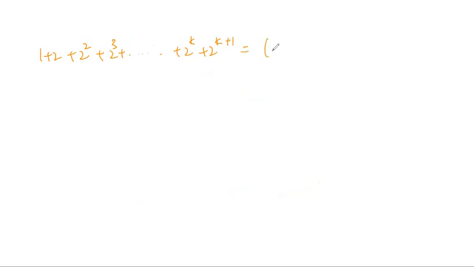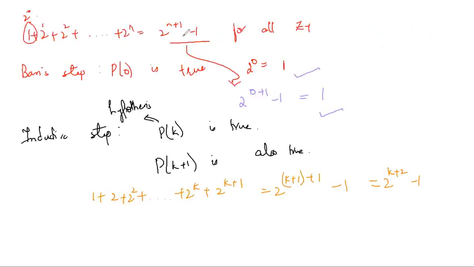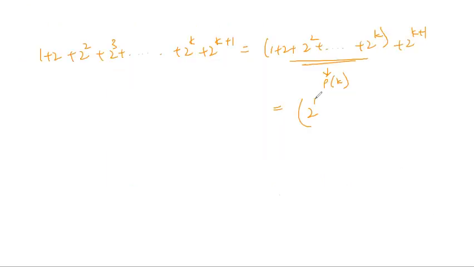Now this entire thing is your P of k, so P of k can be replaced by 2 power k plus 1 minus 1, plus this 2 power k plus 1.